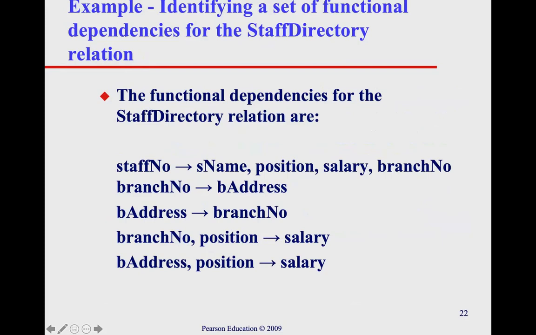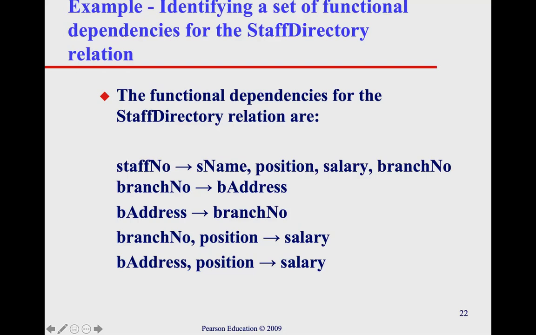So you might have been tempted to put branch address here, but the fact that the branch number determines the branch address means that you should not put the branch address in this functional dependency because it's determined instead by branch number. You might not have gotten this one, but the branch address, because it has the city and a street address, pretty much uniquely determines the branch number. So these two go both ways.